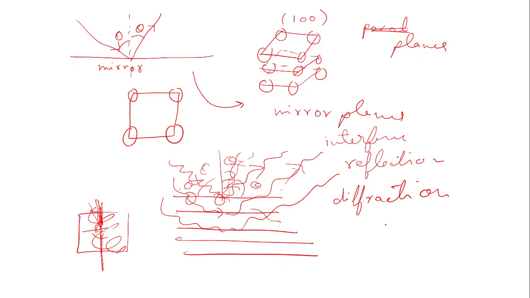When there is a constant phase difference, we get interference, which has constructive and destructive interference. Similarly here, if the X-ray reflected from the first top plane and the X-ray diffracted from the next plane have a constant phase difference, then they may show constructive or destructive interference. And the rule to get constructive interference was given by Bragg, and he also took inspiration from what we do for gratings.